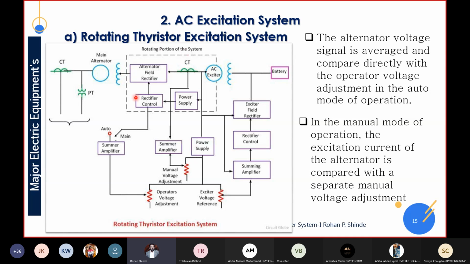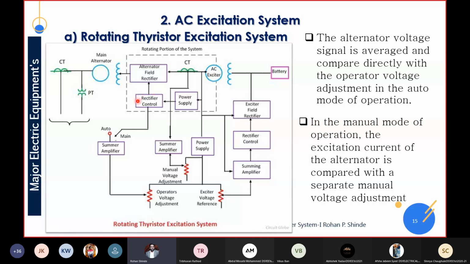Again, there are some rotatory portions of the system, which consist of the alternator field rectifier, rectifier control and a power supply. Now the AC excitation will be fed to the rotatory rectifier unit, that is nothing but a bridge rectifier unit, and finally the output of this exciter will be directly given to the main alternator with the alternator field rectifier unit.